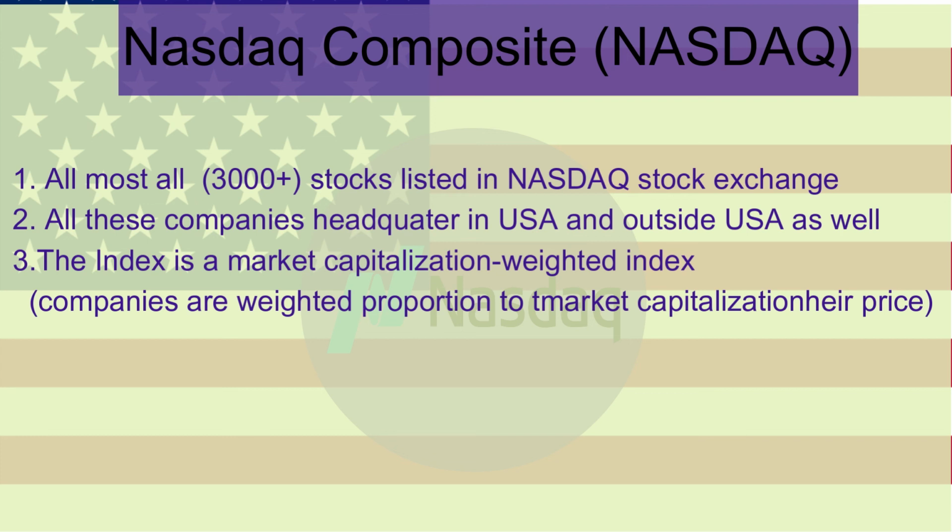The headquarters of these companies may or may not be in the US. Stocks whose headquarters are either in the US or outside, such as in India, can be in the NASDAQ Composite. The index is calculated based on market capitalization weighting.